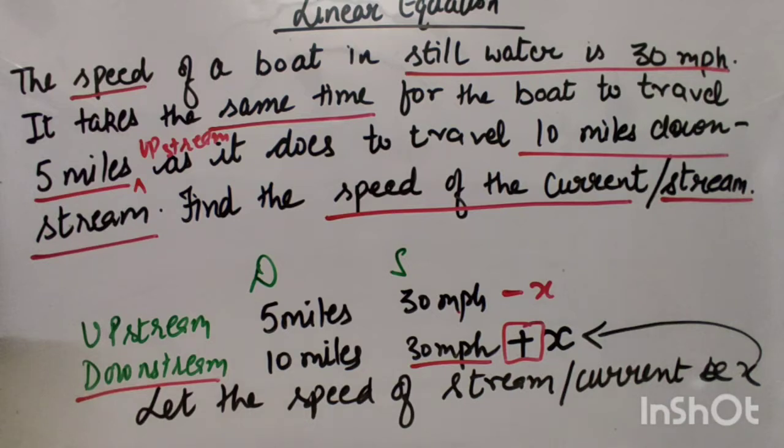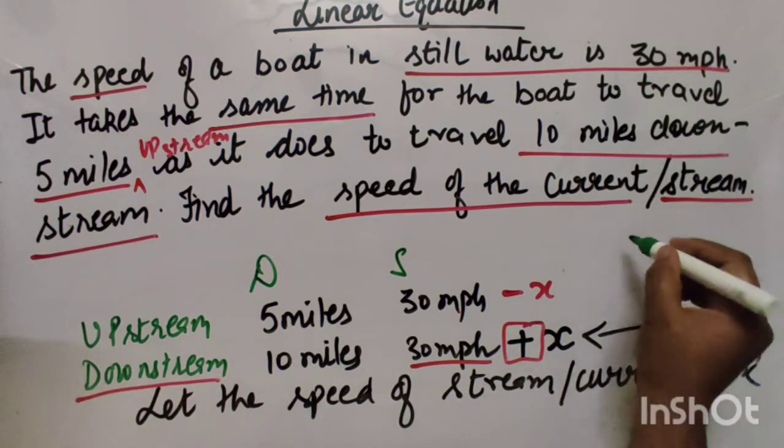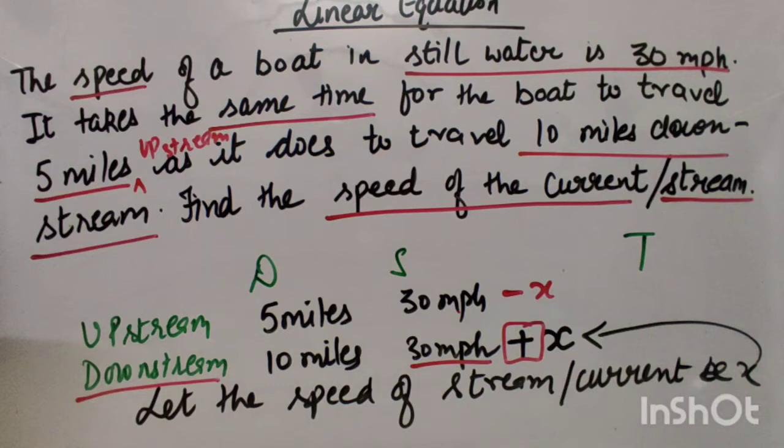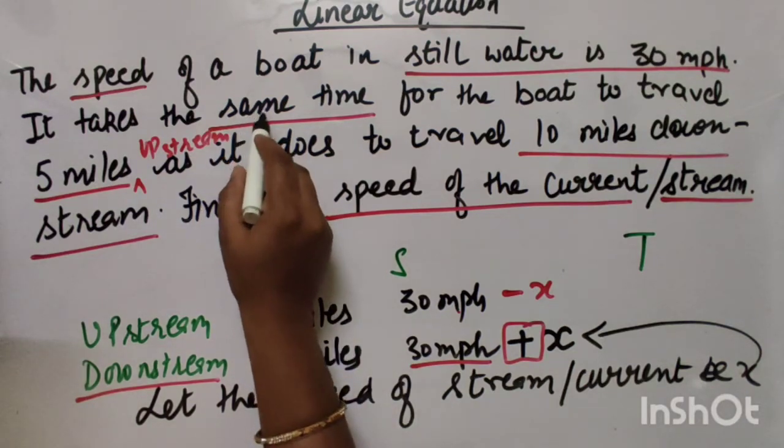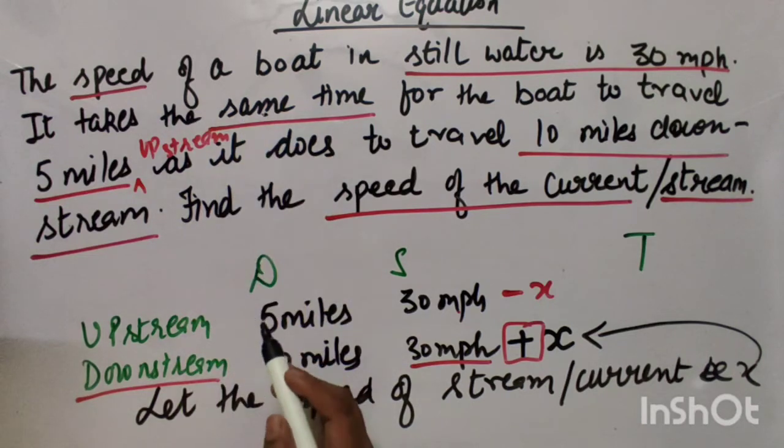Now the last thing left is time. As per the question, the time is the same whether it is covering 5 miles or 10 miles. It is taking the same time.